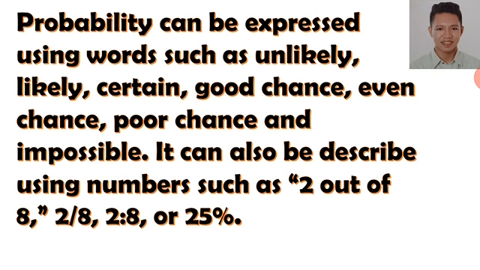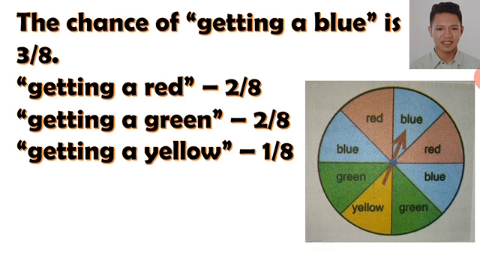We have an example here. The chance of getting a blue is 3 to 8, because there are actually 8 parts, and each part has a color.